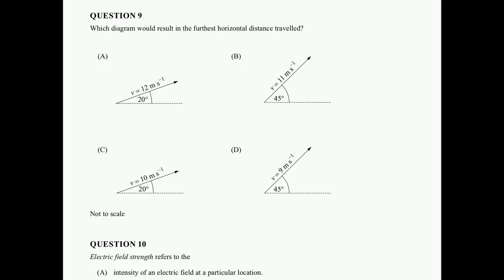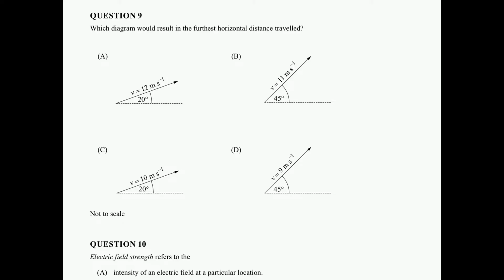Which diagram would result in the furthest horizontal distance traveled? What the easiest solution I'm thinking is, I know that the optimal angle for any velocity for horizontal distance or horizontal displacement is going to be 45 degrees. So 45 degrees is always going to yield me the greatest distance.